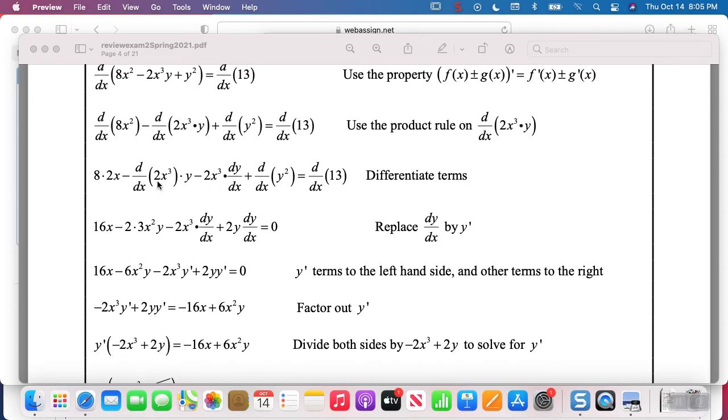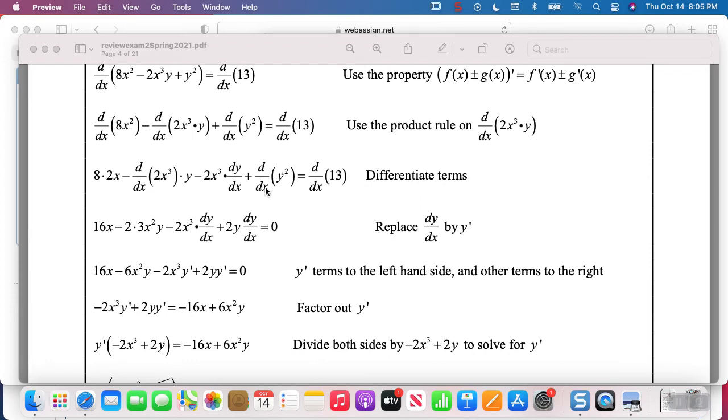When you take the derivative of 2x cubed with respect to x, you get 3x squared. Then you multiply by -2, and here you multiply also by -2, so you get this. And then 8 times 2 is 16x.